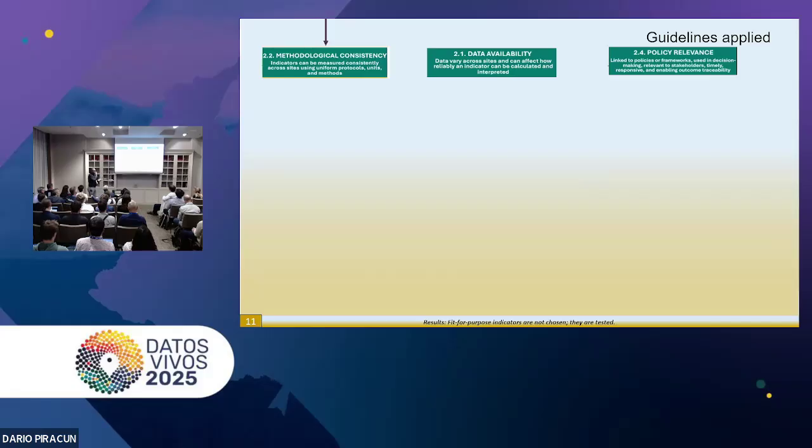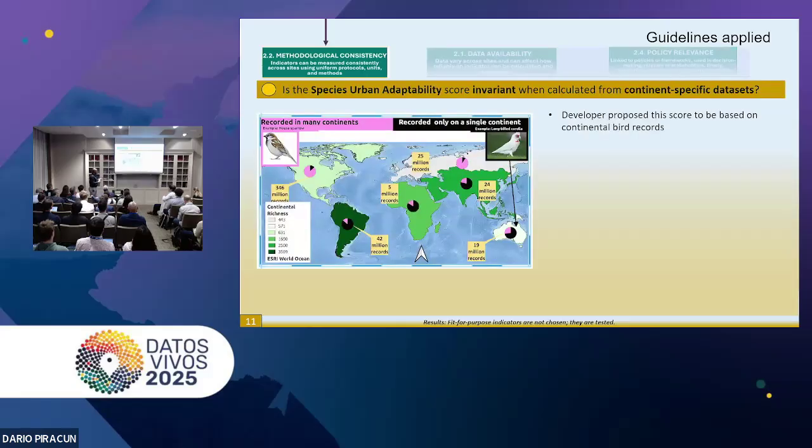Because I have assessed more than 5 criteria, in this presentation I'll only focus on 3 criteria to show you how the guideline works. Still in the questioning stage: is the species adaptability score invariant when calculated from continent-specific datasets?